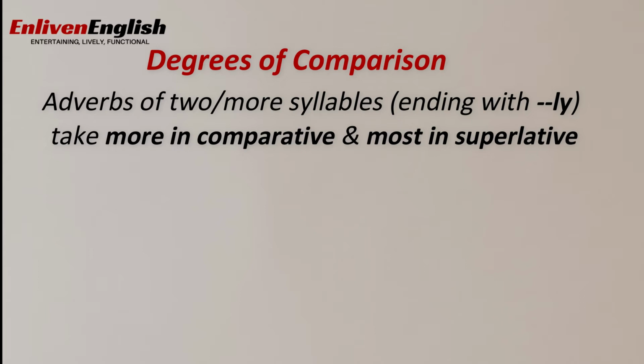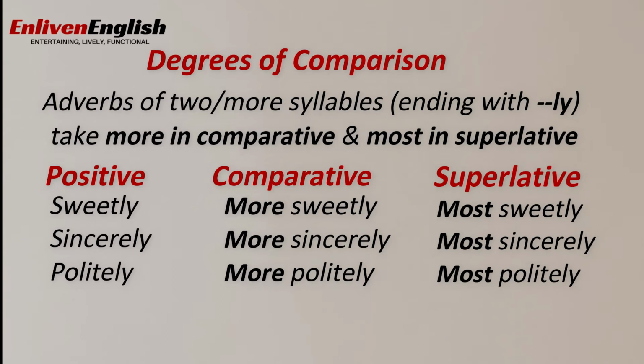Adverbs of two or more syllables, those ending with ly, take more in comparative and most in superlative, as in sweetly, more sweetly, most sweetly; sincerely, more sincerely, most sincerely; politely, more politely, most politely.